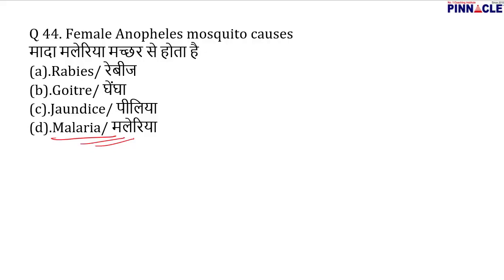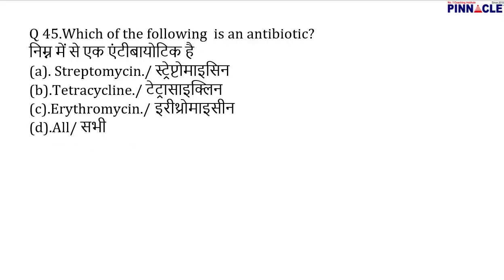Now moving to question number 45. Question number 45 is, which of the following is an antibiotic? So we have been given four options, and we have been asked which of these is an example of an antibiotic. All are examples of antibiotics. Streptomycin, tetracycline, erythromycin, they all are examples of antibiotics. And what are antibiotics? Antibiotics are a group of medicines that are used to treat infections that are caused by bacteria.